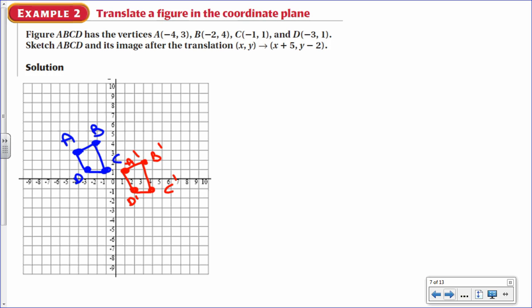And there's the final answer, guys. I have the image done. It's in red, and that's it. So this one here, you could tell it's what we've done before.